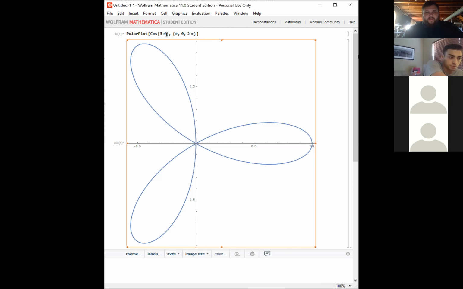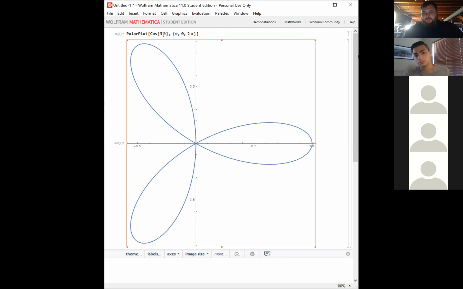So what angles can I plug into this thing to get 0? So cosine of what angle is 0? Pi over 2. Or 90. Okay. Pi over 2. Anything else? And then 270, which is 3 pi over 2. Right. And then you could just keep going, right?